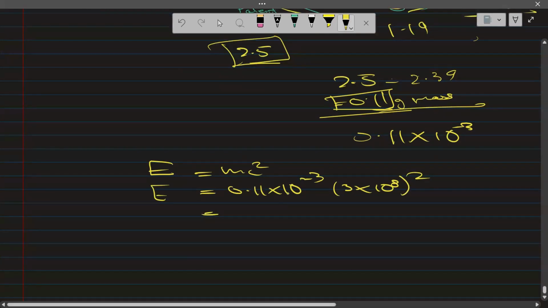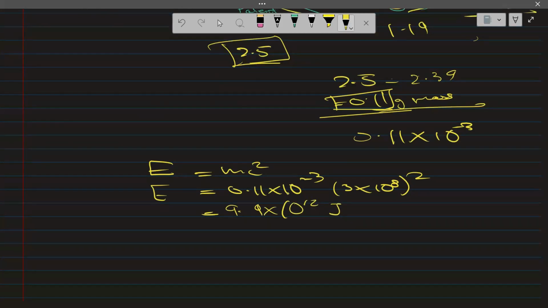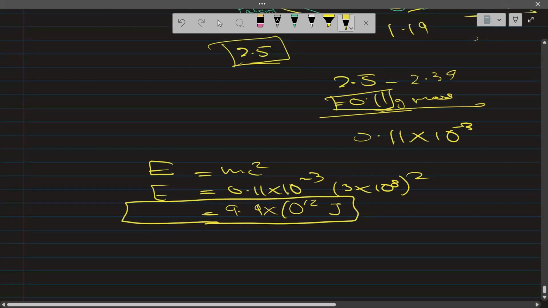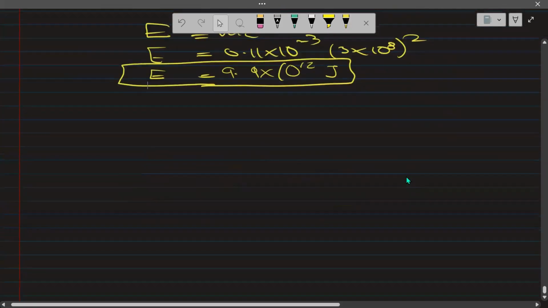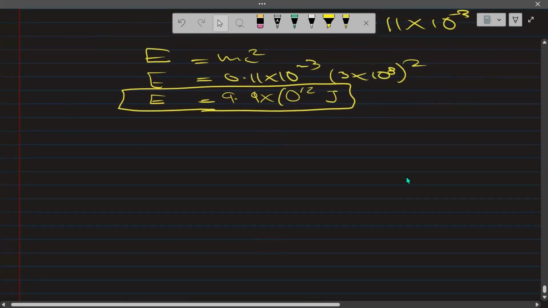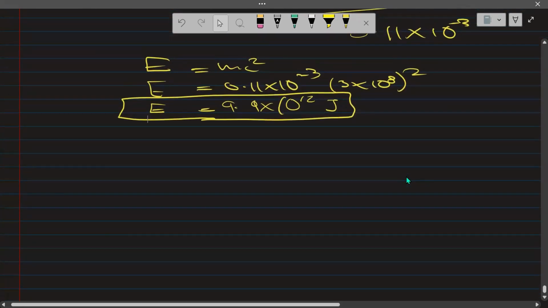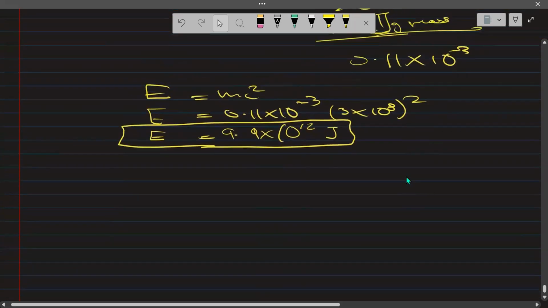When we solve it on the calculator, the answer is 9.9 times 10 to the power of 12 joules. So this huge amount of energy is created by just 0.11 gram of mass of nucleus.